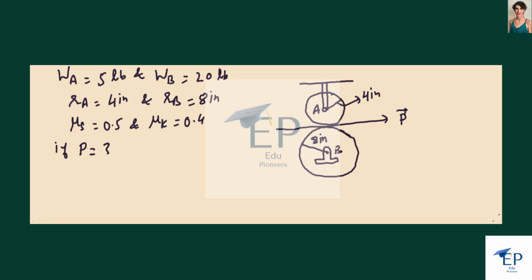If force P is 3.6 pound, then calculate whether slipping occurs between the belt and cylinder.